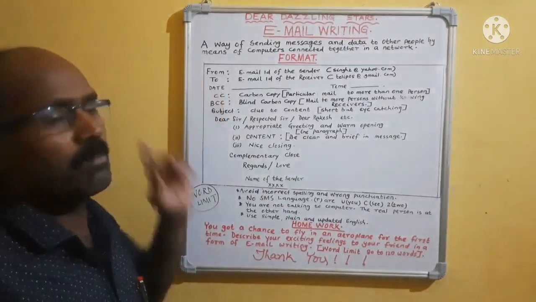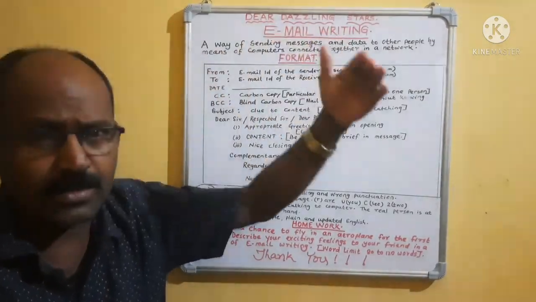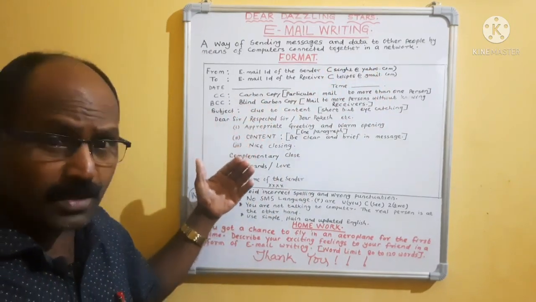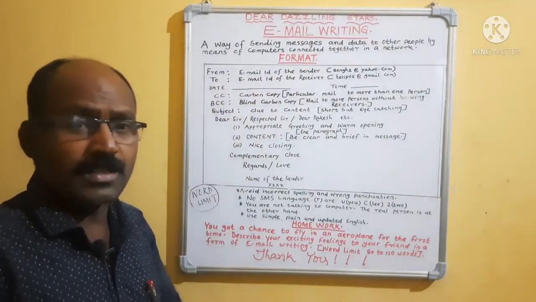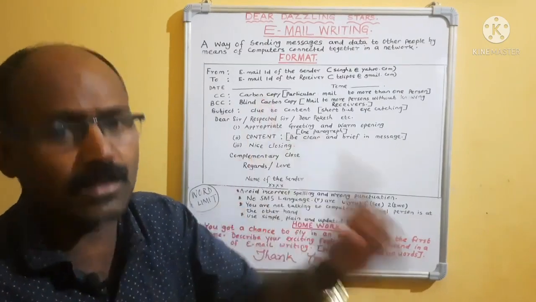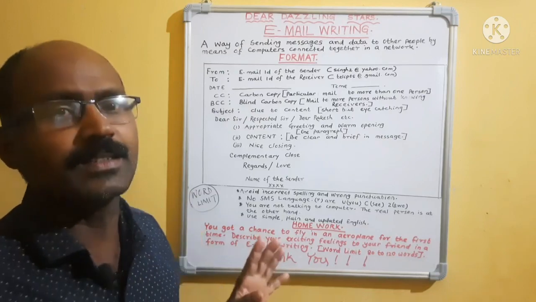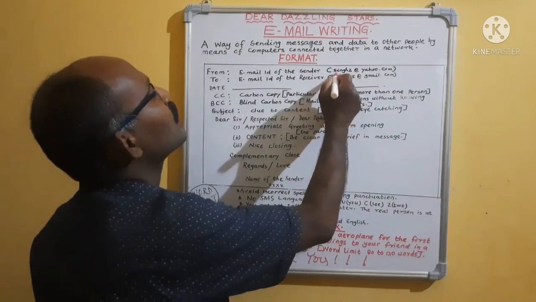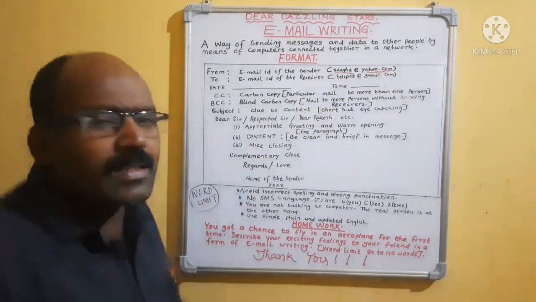Now, please remember, first what will you write? From. From means, in letter format, you write your whole address. But as it is an email, from means the email ID of the sender. If you are sending an email to another person, you should have created an email ID, for example sing2@yahoo.com.